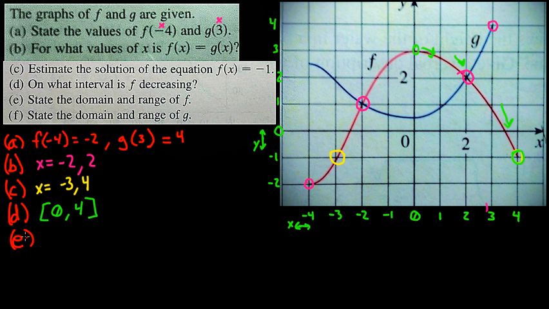Alright, for E, state the domain and range of f. Okay, so the domain, as we know, is going to be the x values. So we've got f. The furthest most point to the left is right here, and we're looking at a negative 4, and the furthest most point to the right is going to be a positive 4.